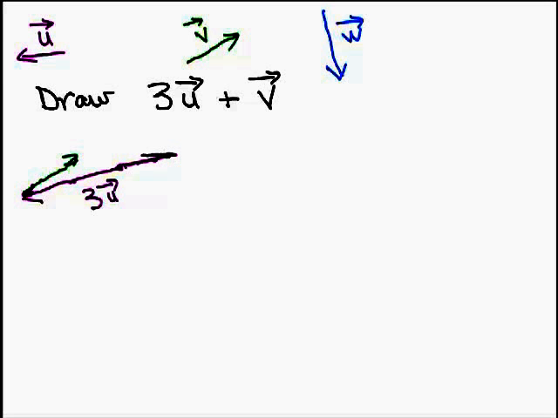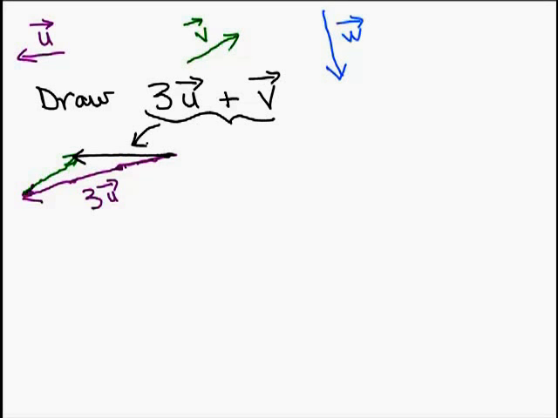And then at the end point here of 3u, I'm going to add on v, so I have to add v onto that. Well, that looks like it's something like this. A little bit more. Something like that. So what our answer is, from the beginning of the first one to the end, and so that's where it is.